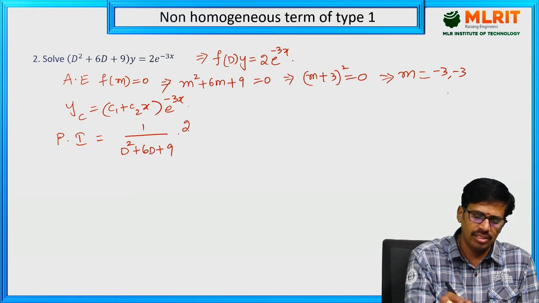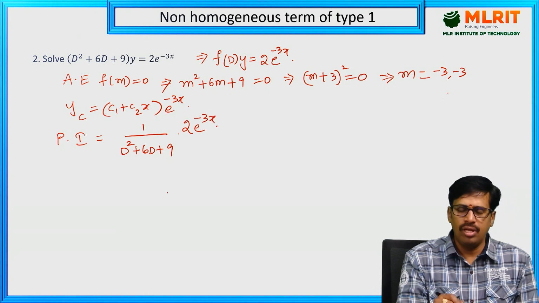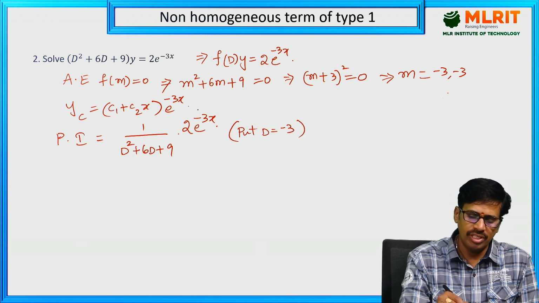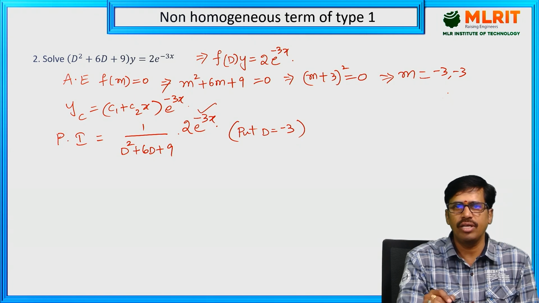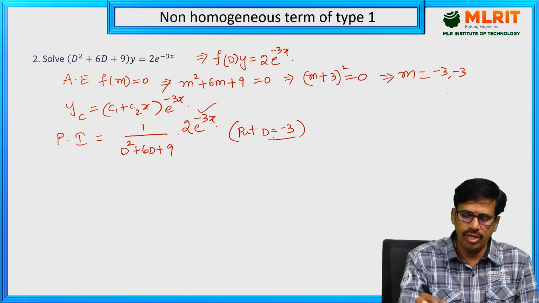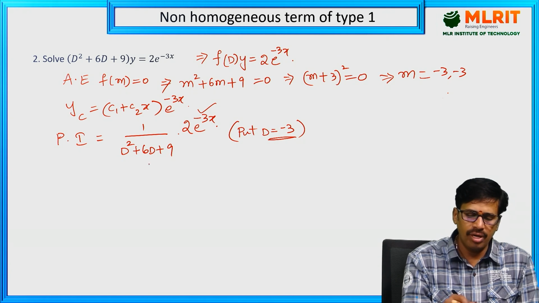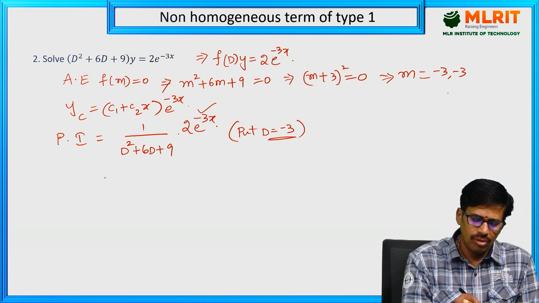The function is 2 e power minus 3x. Now substitute D is equal to minus 3. If the function is an exponential function, we have to substitute D equal to a. So substitute D equal to minus 3, you get denominator value 0, right?